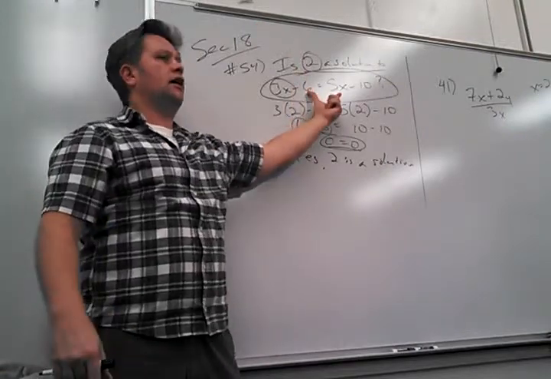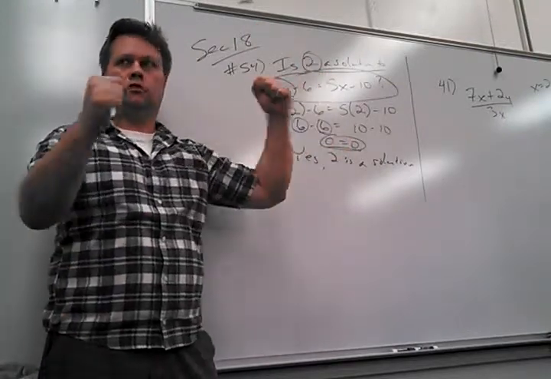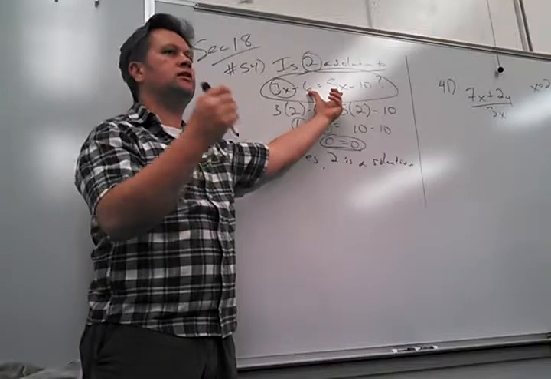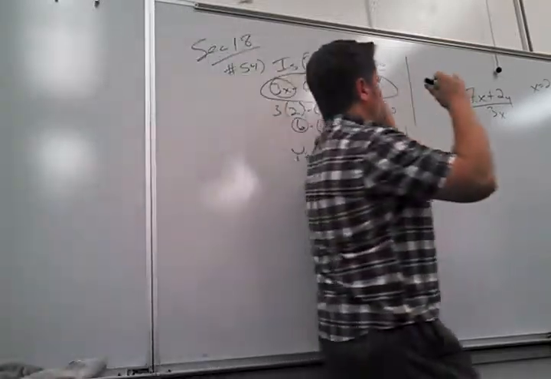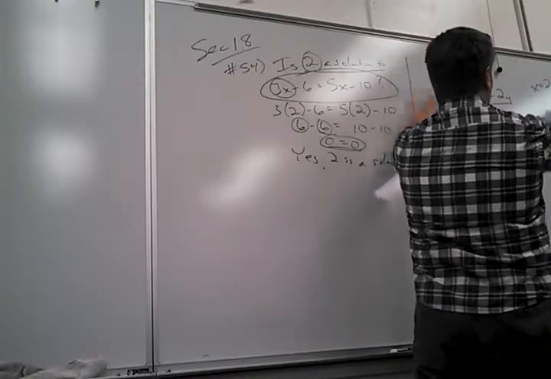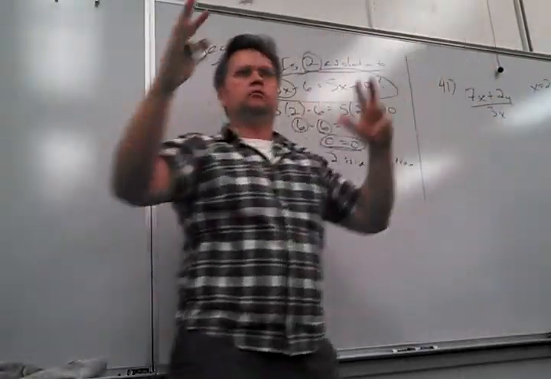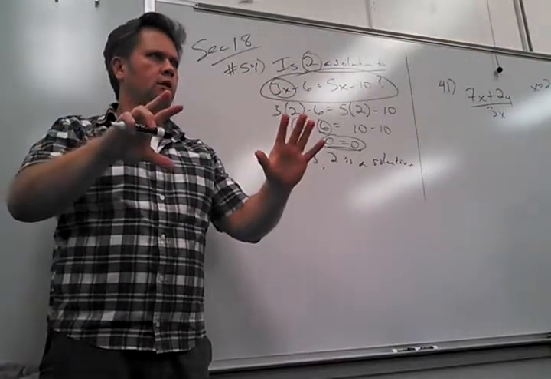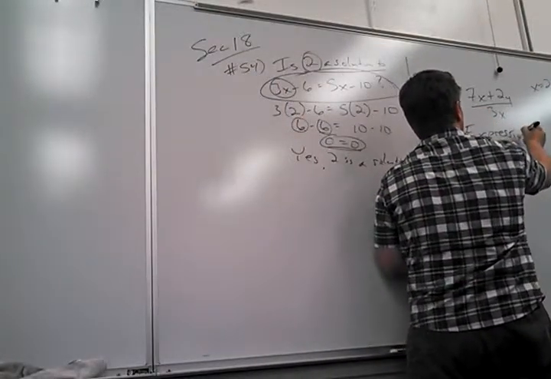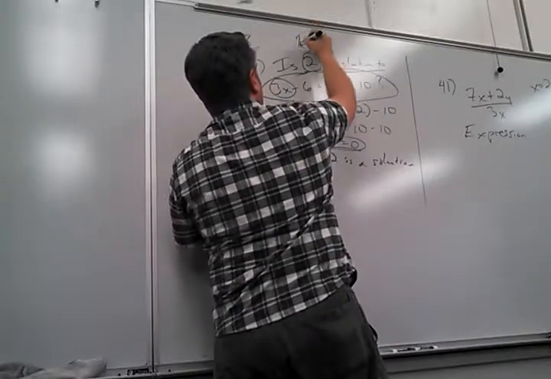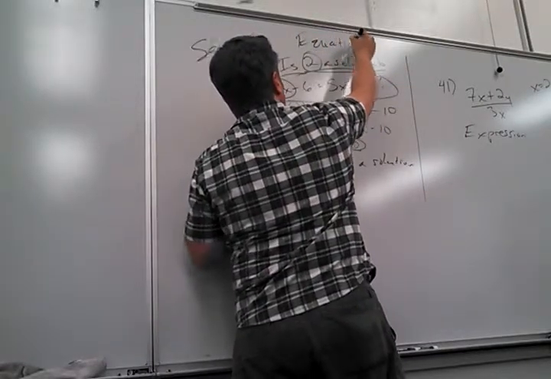Here there's only certain values of x that might make this true. You guys with me? This is a little more restrictive. It says this has to equal that. Over there it's just this. It doesn't have to do anything. It's just there. You guys semi with me. This is what we call an expression. And this is what we call an equation.